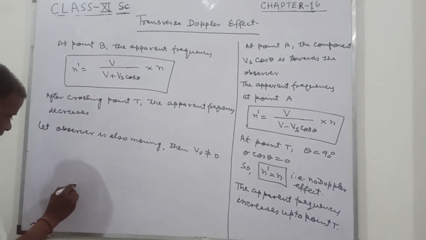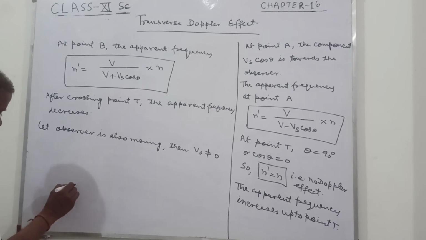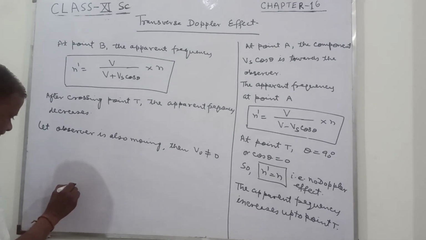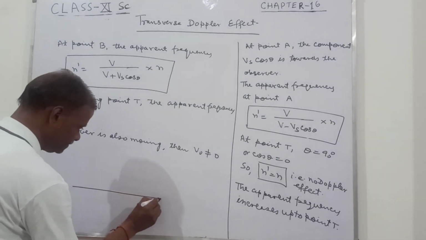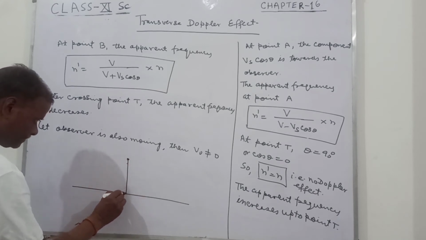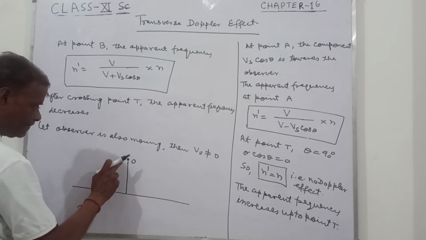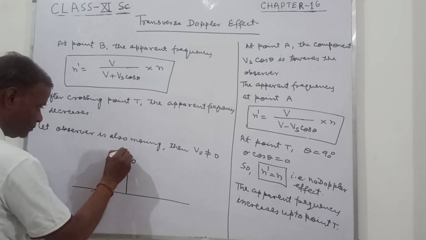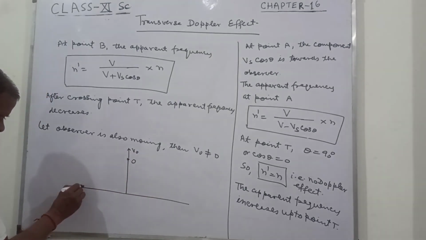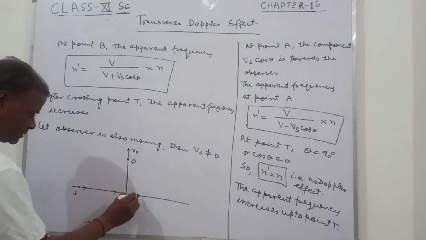So what happens is this: this is the observer O with V naught, and this is the sound source moving like this.